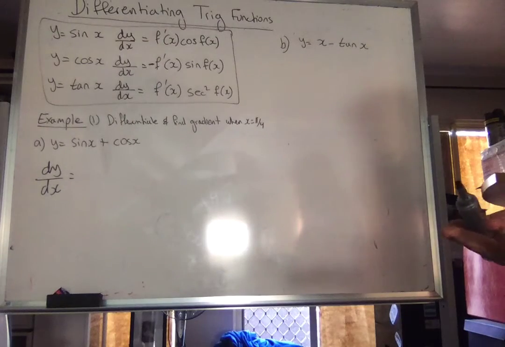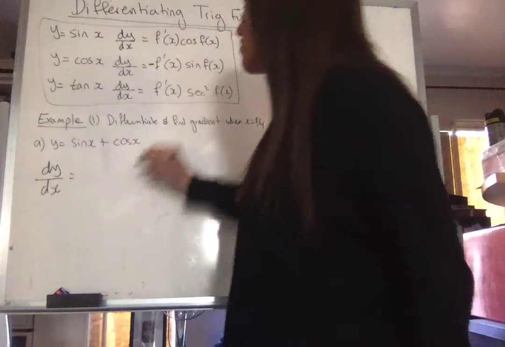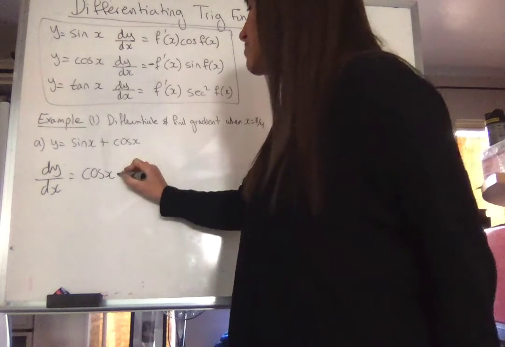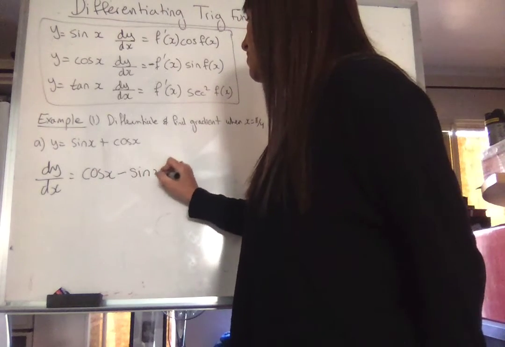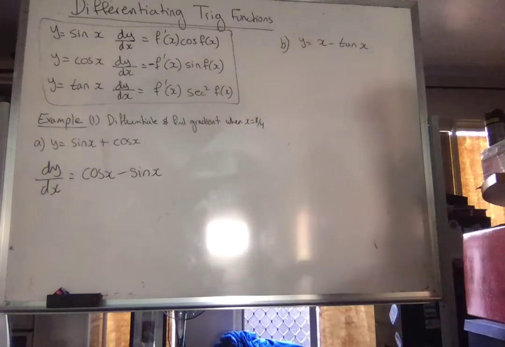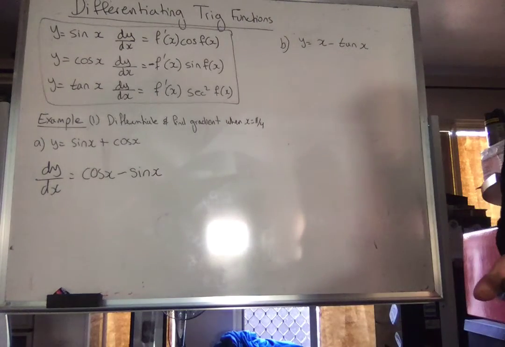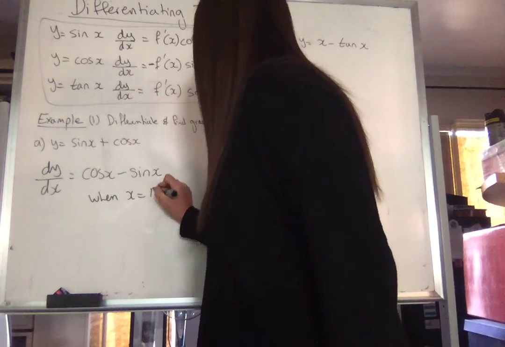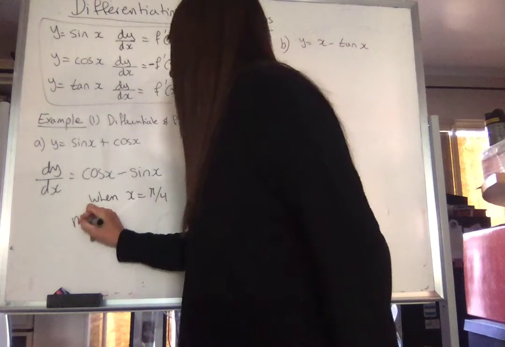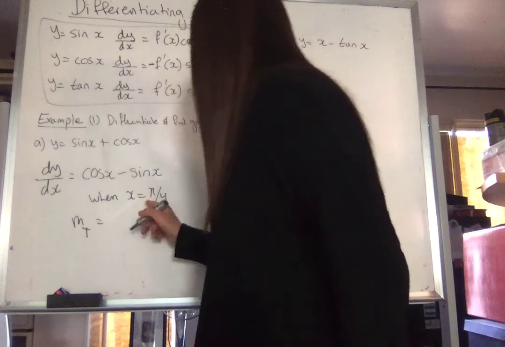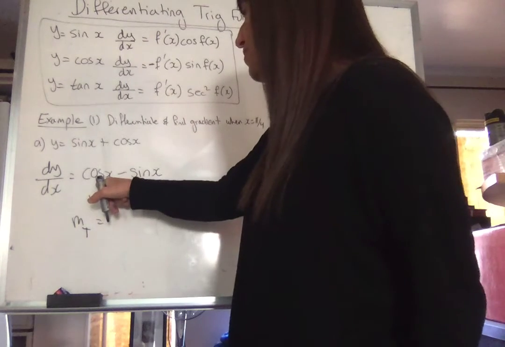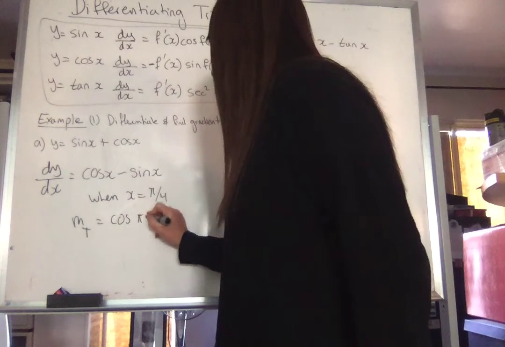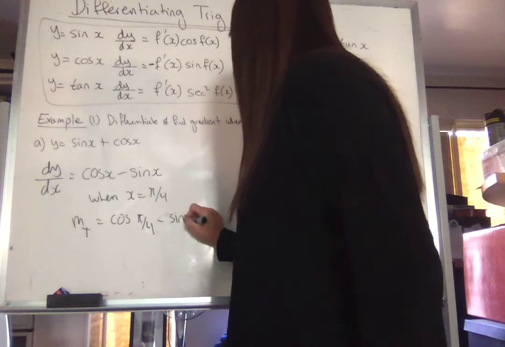Well, the derivative of sine x is cos x, and the derivative of cos x is negative sine x. So there's my derivative. Okay, now when x equals pi on 4, that gives me the gradient of the tangent at that particular point. We know the derivative is cos x, so substitute cos pi on 4 minus sine pi on 4.